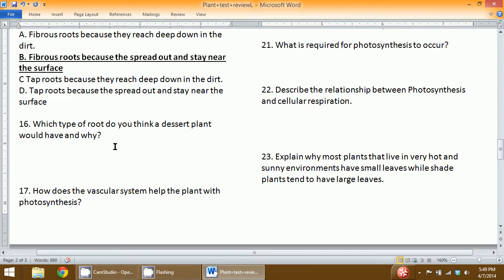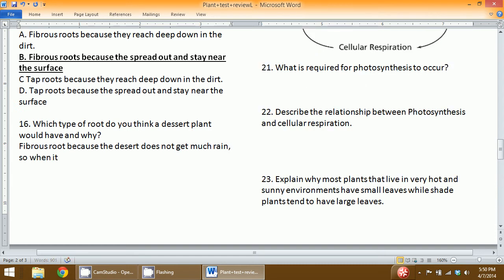Which type of root do you think a desert plant would have and why? Well, I think it would have a fibrous root, because the desert does not get much rain.